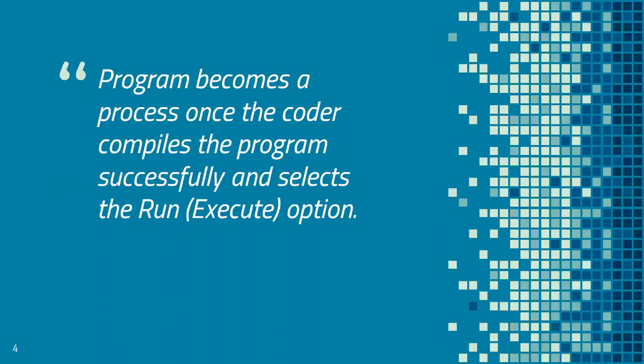When you choose the run option, the program moves from secondary memory to primary memory, and from now on the program becomes a process. So a process is a program which is present in the primary memory and is ready for execution on the CPU.